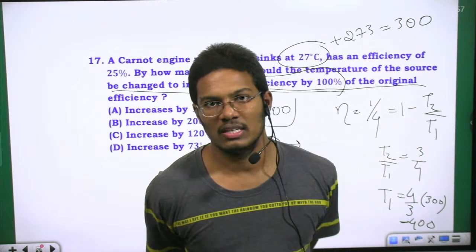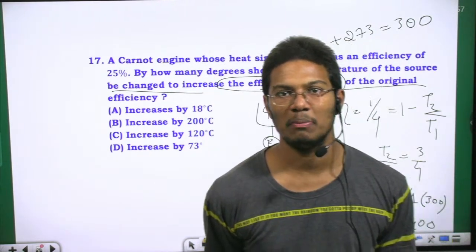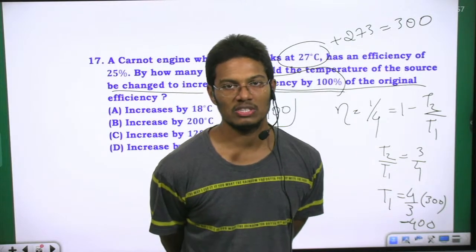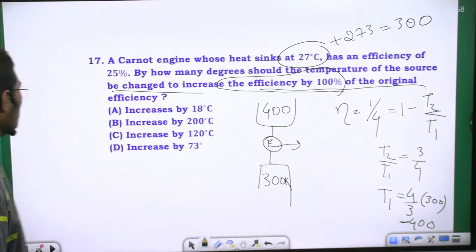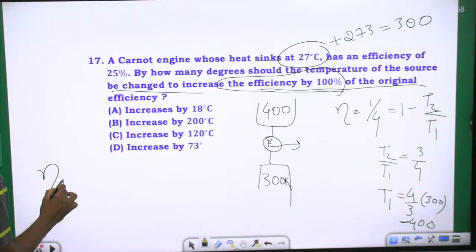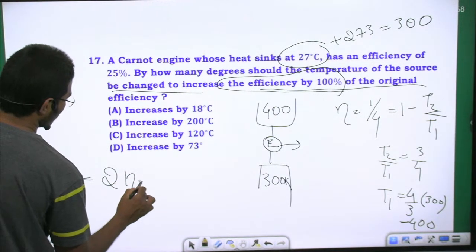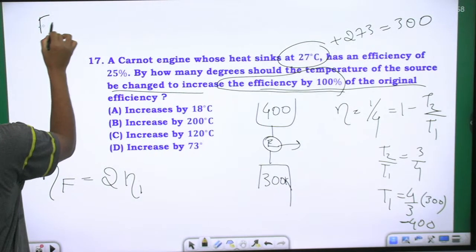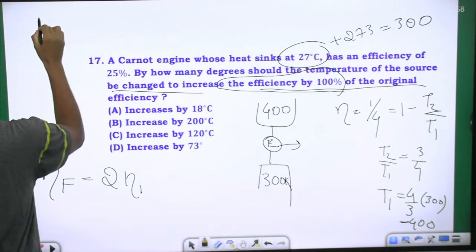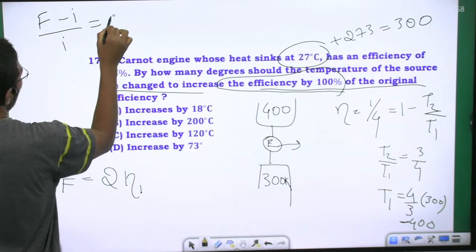Increasing the efficiency by 100% is nothing but final minus initial by initial is equal to 1, which means the final efficiency is equal to 2 times the initial efficiency.